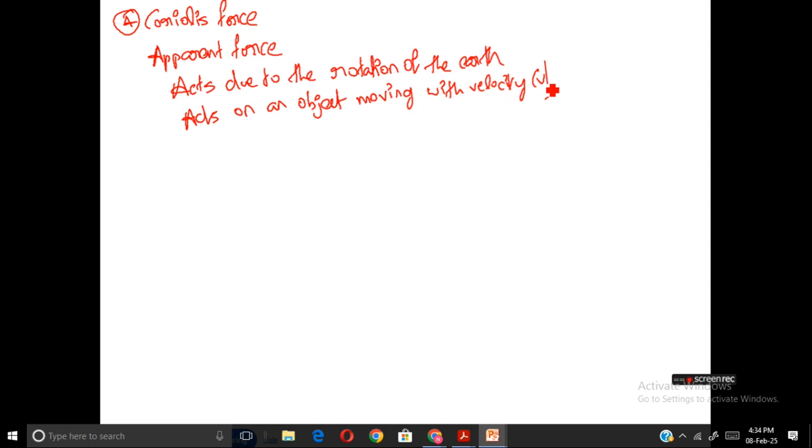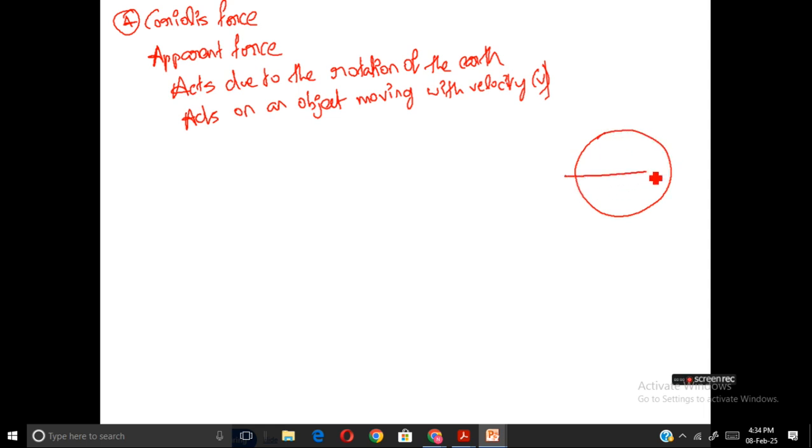Only an object which is moving with velocity v will have this Coriolis force. If a body is at rest, the Coriolis force won't act on it. So let's see what the Coriolis force is.